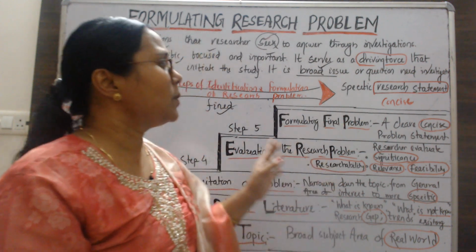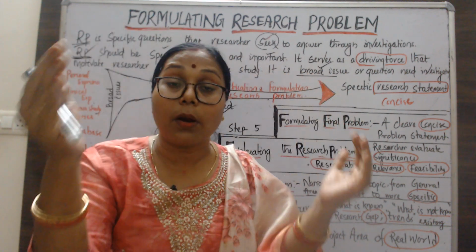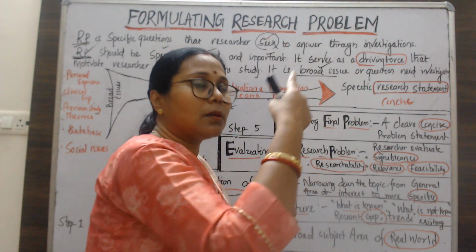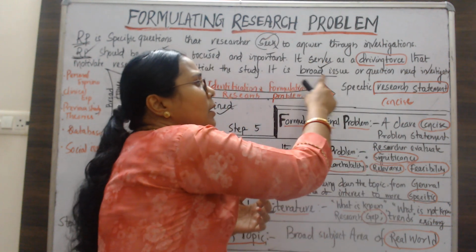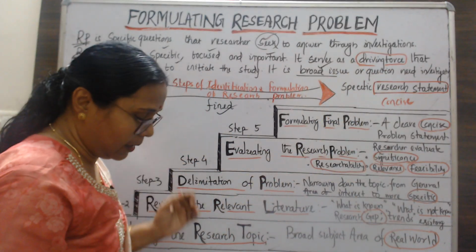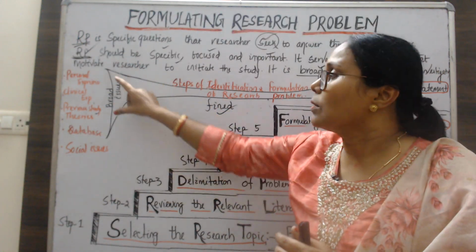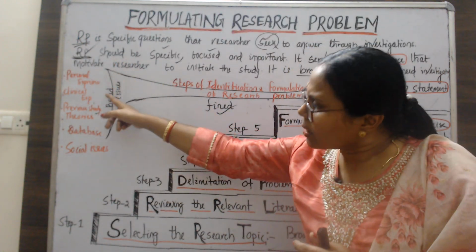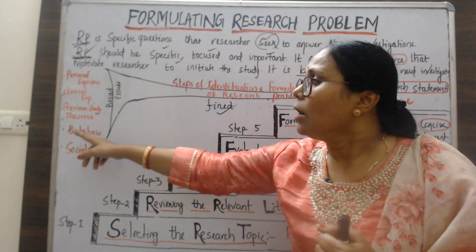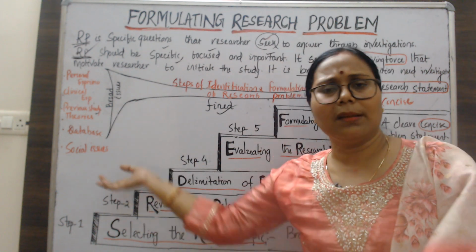Here we see that the research problem is taken from a broad issue or broad area. You have to take the problem from a broad issue or a question that needs investigation. You will see I have given a picture here. We take any topic from the broad issue, from personal experience, from clinical experience, from a previous study, from theories, from a database, or from a social issue.